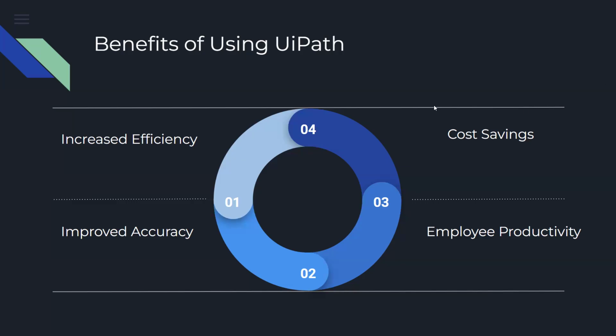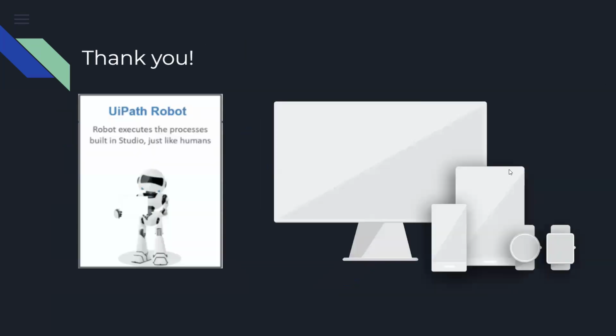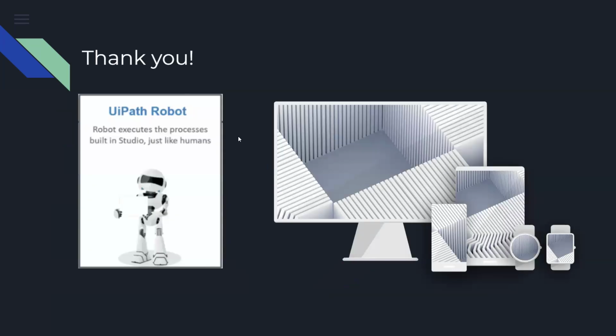With all these benefits, I conclude that UiPath is a very powerful tool for this 21st century, where everything we do is automated, and it's going to ease your life, and humans can do anything that a robot cannot do.